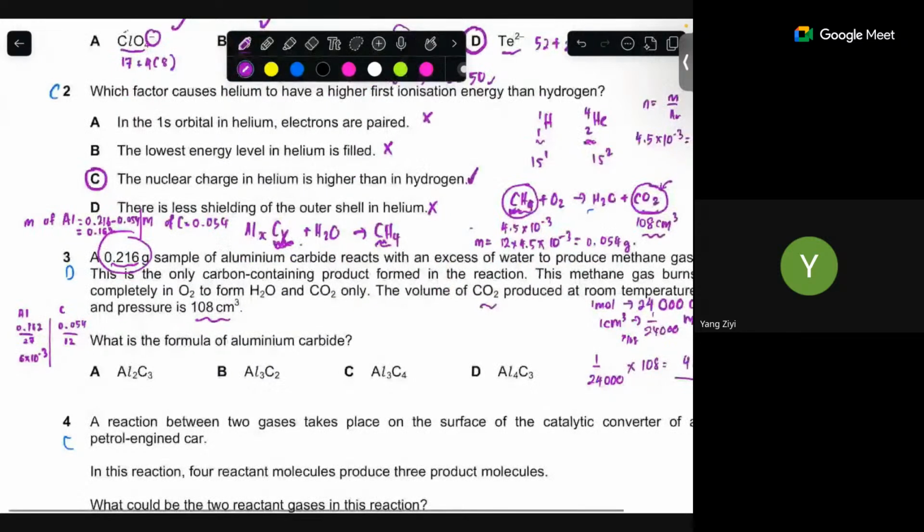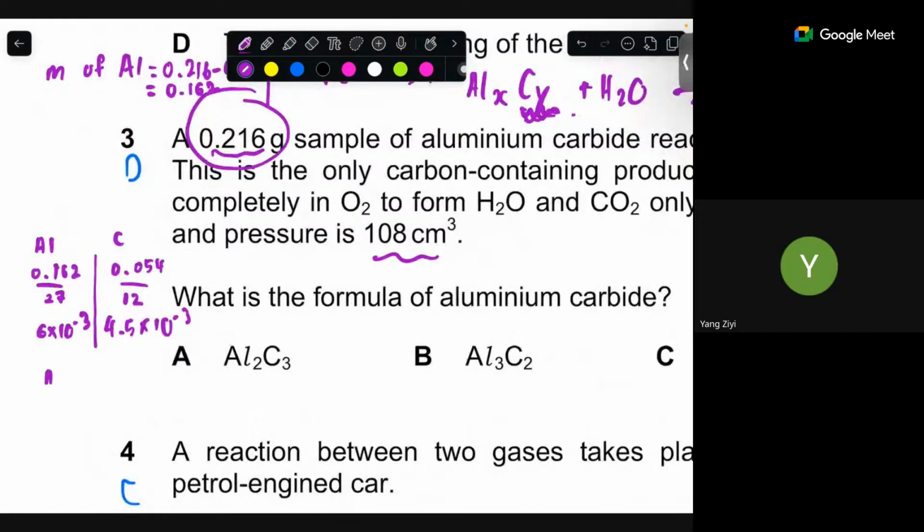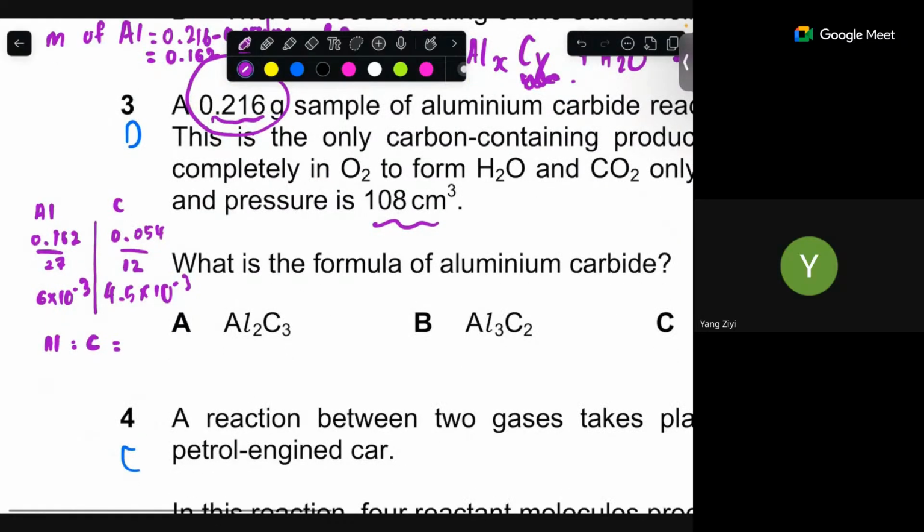So earlier, this one. Now find out the ratio between them. The aluminium ratio with carbon, which is aluminium divided by carbon, is 6. You can cancel 10 to the power negative 3. 6 divided by 4.5. What is that value? 1.333.